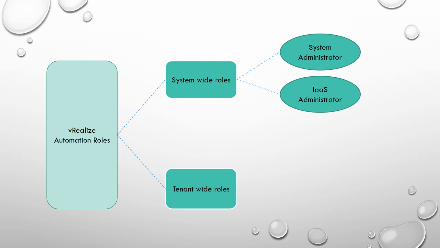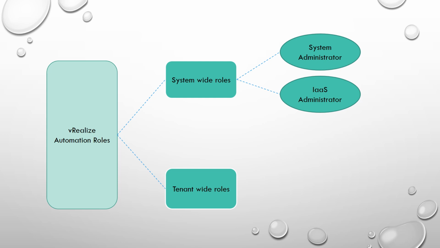The vRealize Automation roles can be divided into two parts, the system-wide roles and the tenant-wide roles. As you could have guessed from the names, if you have an IQ of above 42, this classification of roles also defines the level of management that the role provides.